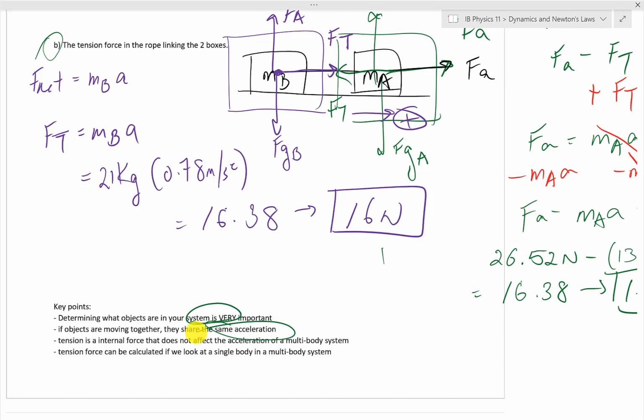When you're considering a system where there is one rope in the question that is not attached somewhere externally, that means you're going to have two tension forces canceling one another so they don't affect the acceleration of the system. And if you do want to find a tension in the system, in that case, you would have to change your system in order to have the rope attached to somewhere outside of your system, like what you see over here, what you've done in these problems.